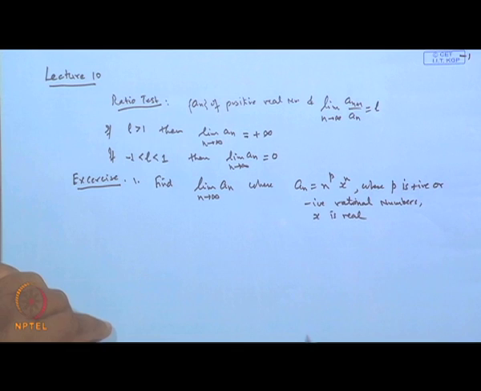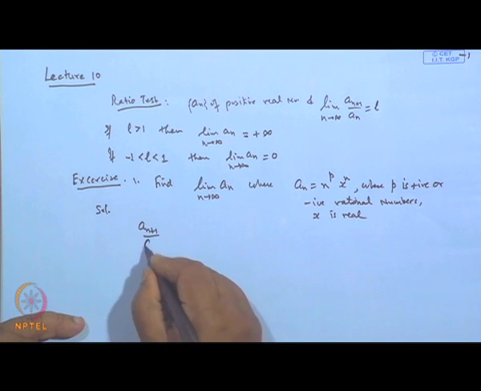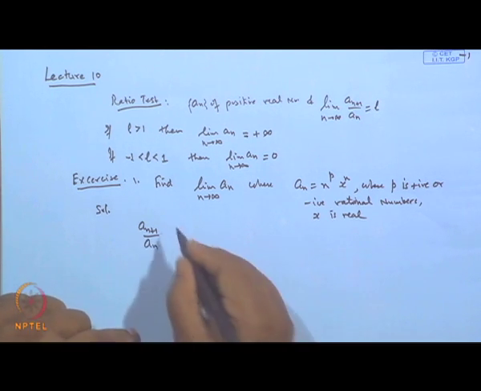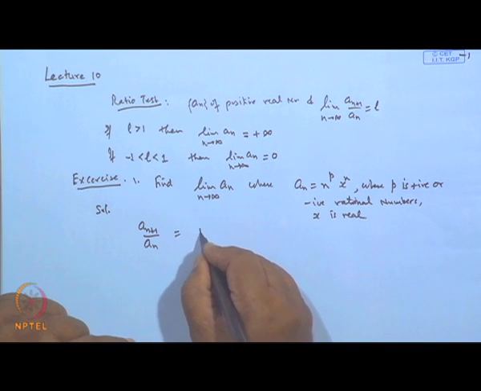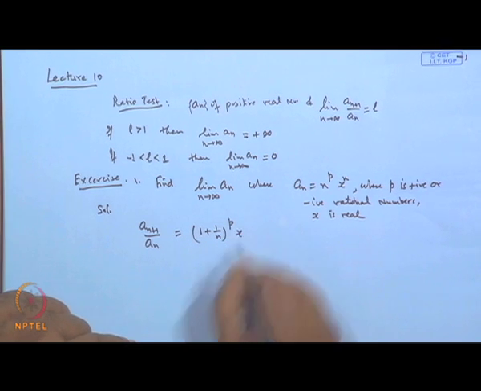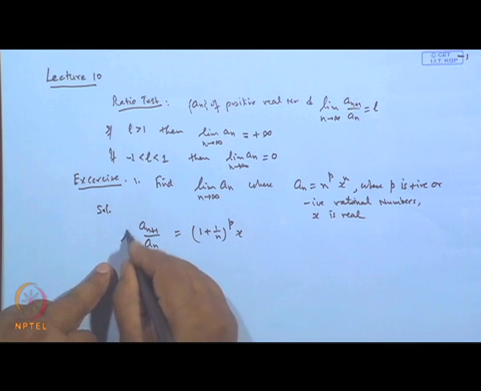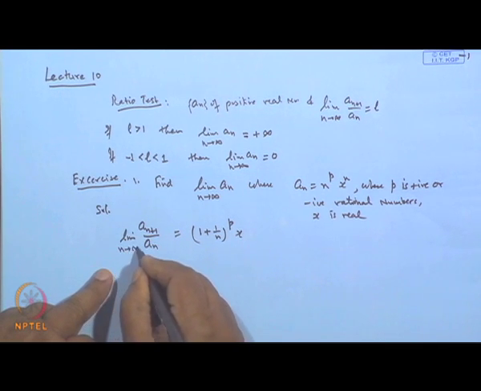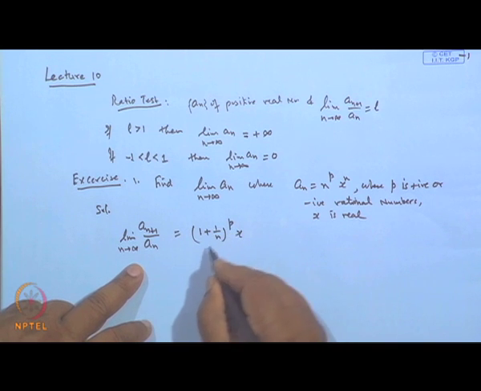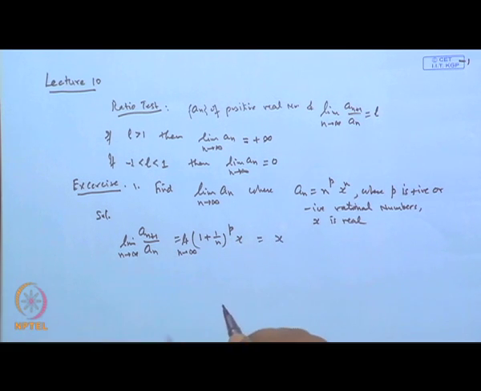Okay. Now, if we look at this, apply the formula. So, what is a n plus 1 over a n? If we look at this, it comes out to be 1 plus 1 by n raised to the power p, times x. Now, when n tends to infinity, p is fixed. So, this term will go to 1, and basically the limit of this when n tends to infinity is nothing but x.